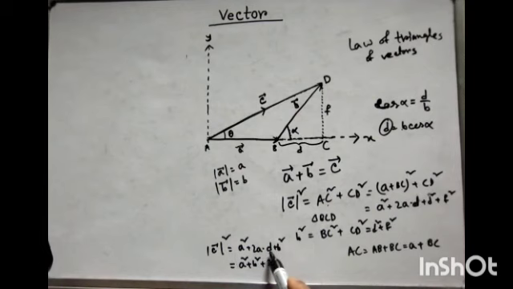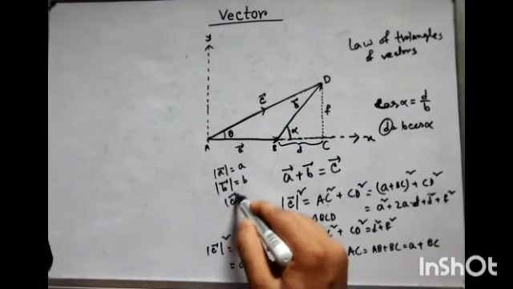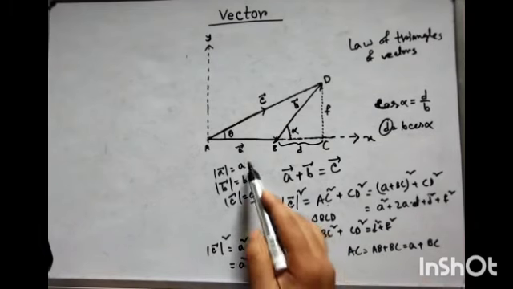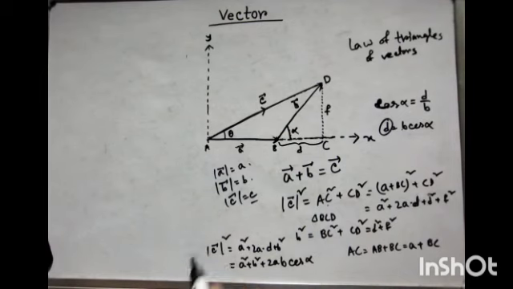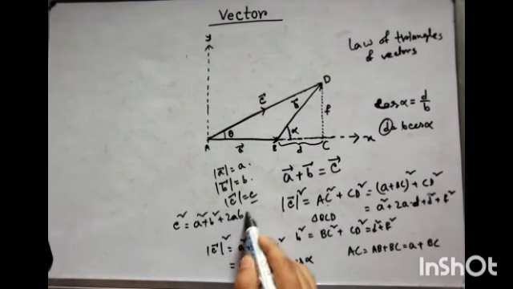So if the magnitude of C vector is C, that means C is our unknown and A, B and alpha are known, so we found C in terms of A and B, that is C square equal to A square plus B square plus 2AB cos alpha.